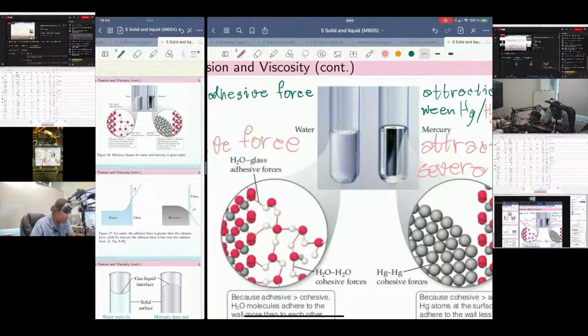Between this molecule and this molecule there is an attractive force. It is called cohesive force. Cohesive force means the force between the same type of molecules.